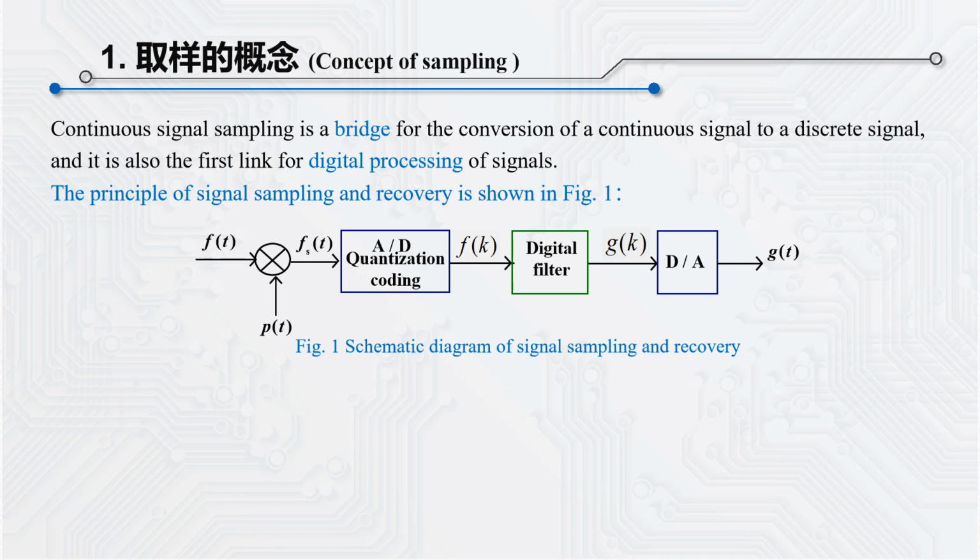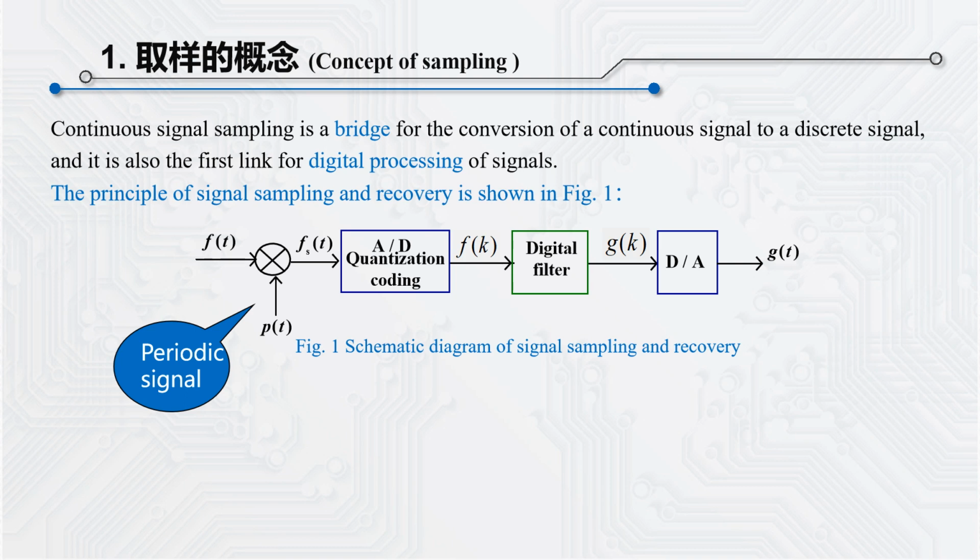After performing corresponding digital filtering on this digital signal, we can get the output g(k). When we perform DA conversion, or digital to analog conversion, on it, we can get a continuous signal g(t). This is the schematic diagram of signal sampling and recovery.